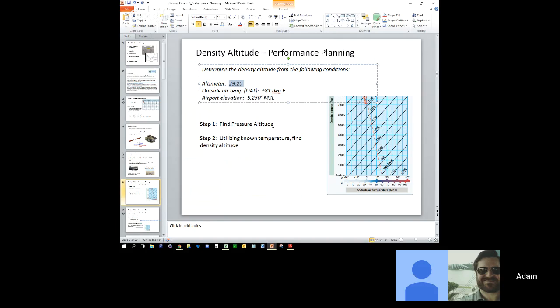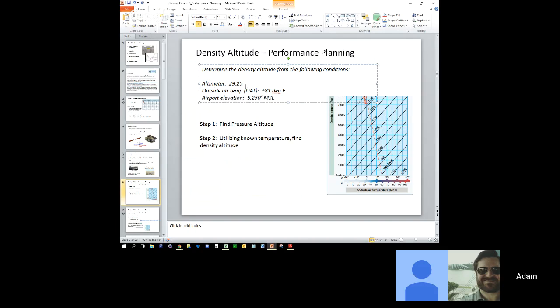What is the altimeter setting in a standard atmosphere at mean sea level, at 0 feet? 29.92. You got it. So in order to find my pressure altitude, I've got to do one of two things.